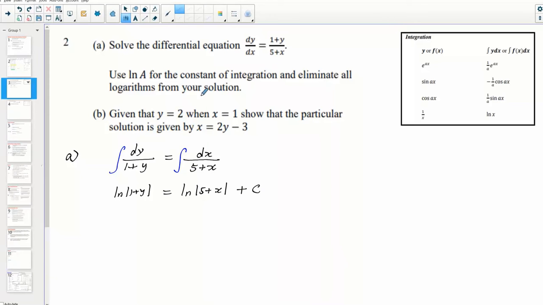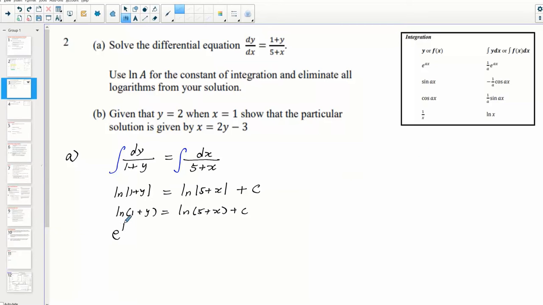At this point, if you want to get rid of your absolute value, and then we need to, as the question says, eliminate all the logarithms. Therefore, we will take an exponential on both sides.